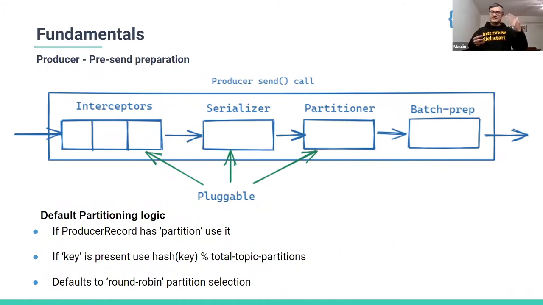You keep calling send, and then it buffers the data and prepares the batches based on your configuration of how big you want the batches. And then at some point it will do the send in order to have a higher network I/O throughput. Below here you see the default partitioning logic, which I think is pretty self-explanatory.